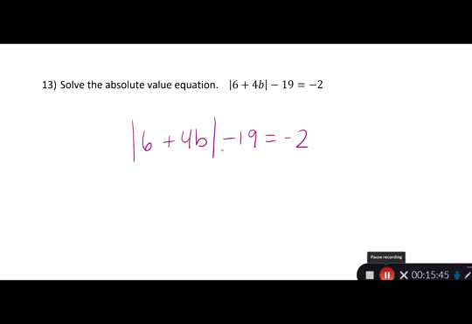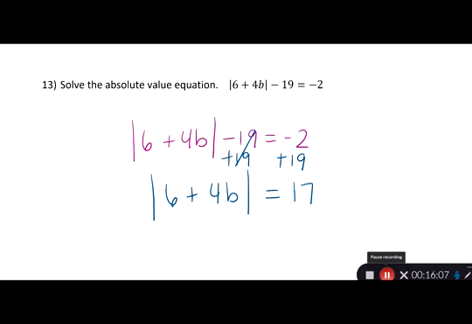And right now we have this extra number. So first we need to say plus 19 to both sides, which gives us |6 + 4b| = 17, which is okay, right? Because now an absolute value is equaling something positive, not a negative.